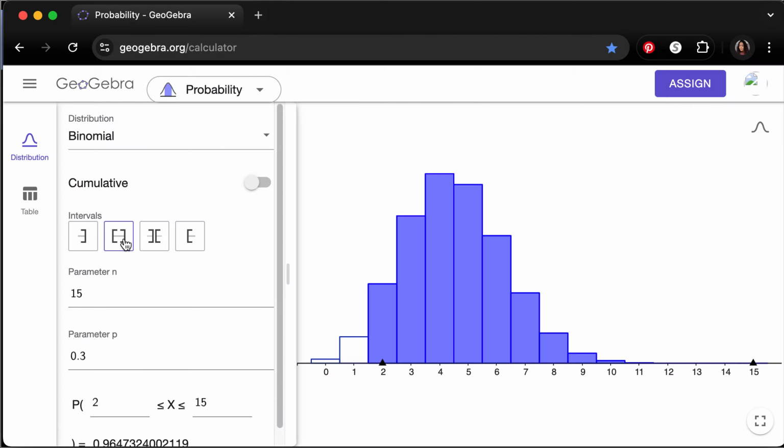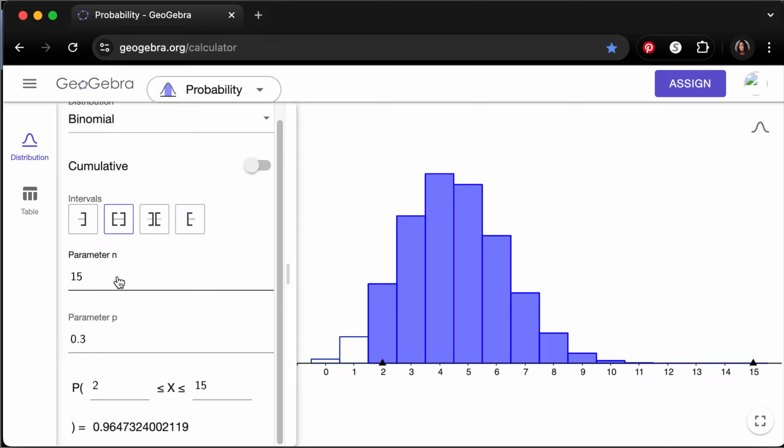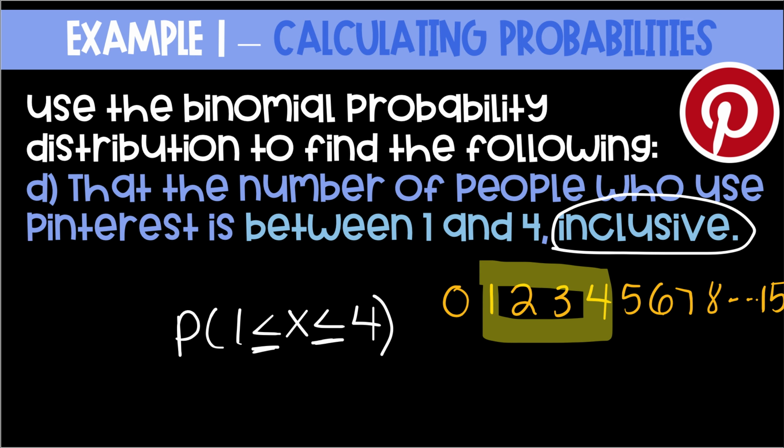I click on this probability interval button, and I'm going to change my values to 1 and 4. My probability is 51.07%. Even if you notice, the GeoGebra calculator gives you this pretty visual representation of the probabilities that you're looking for. 51.07.